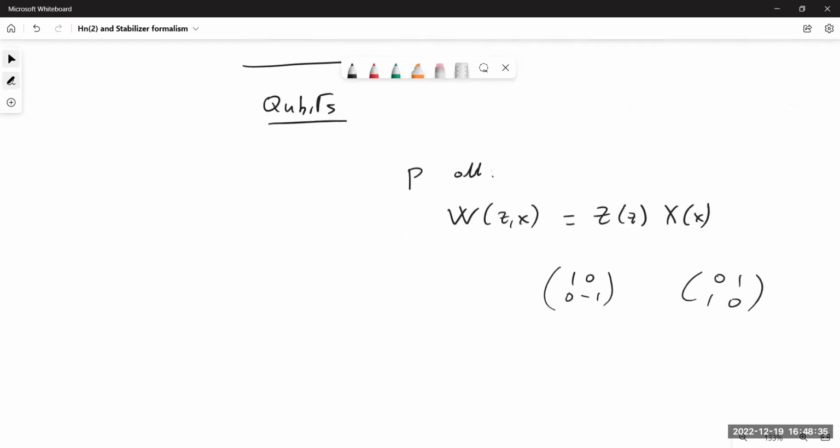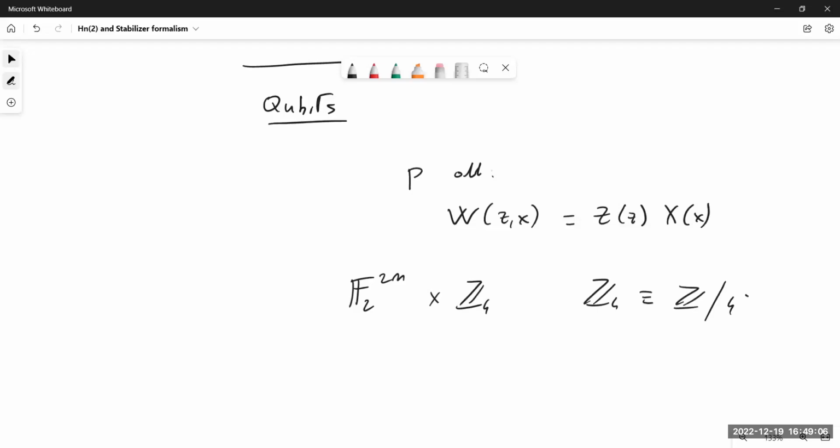So we have to find another way to recover all the Pauli operators, and to do this, the idea is we start with the discrete phase space, but this time instead of multiplying by F2, we use Z4, the integers modulo 4.